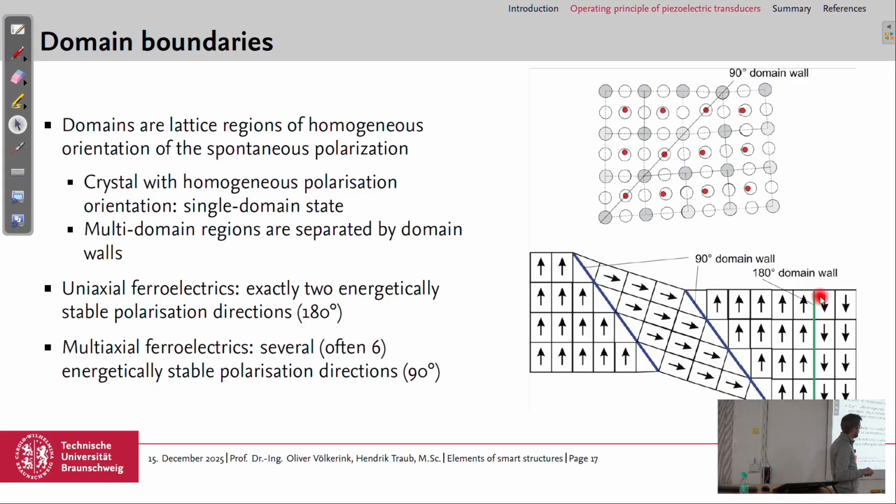And here we have 180-degree domain walls, so polarization in this direction, and on the other side of the domain wall, polarization in the other direction. There are uniaxial ferroelectrics, which have only 2 stable polarization directions with 180-degree domain walls, so only like this. And we have multi-axial ferroelectrics, which have several, often 6, like I showed, stable polarization directions.